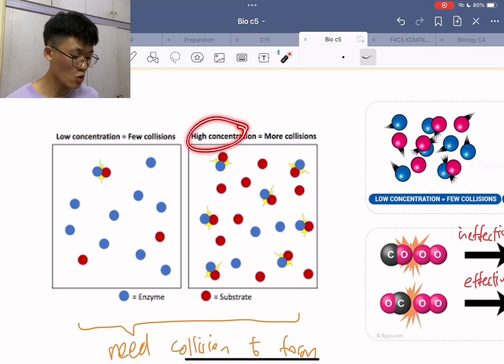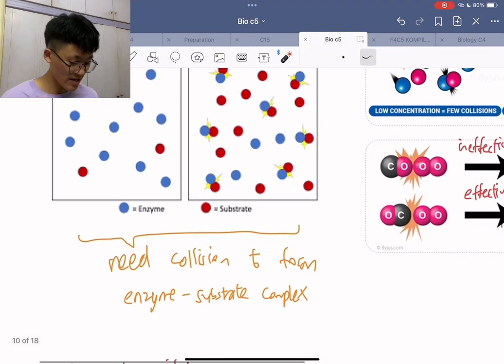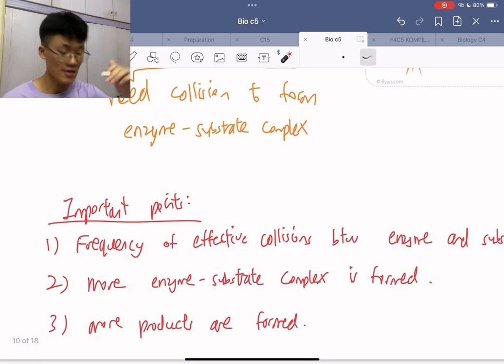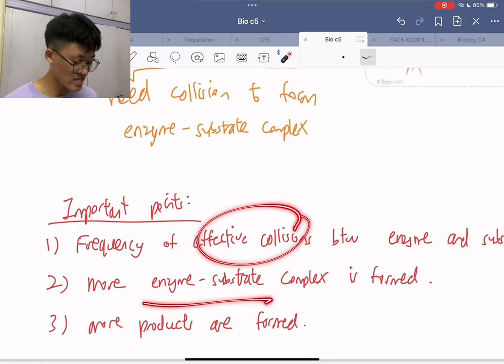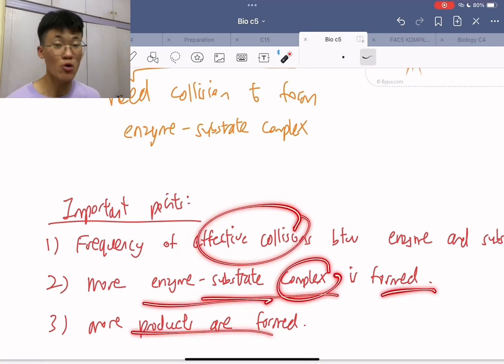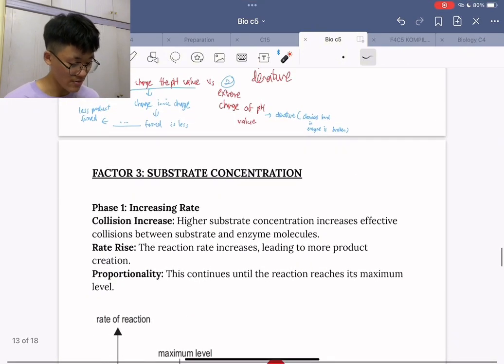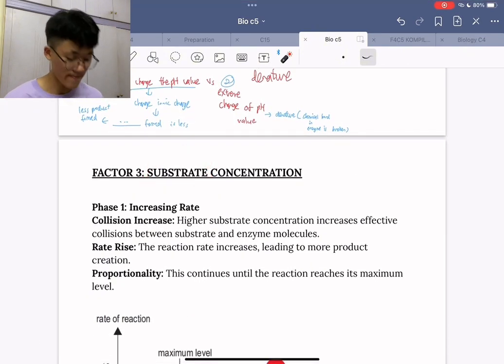But if you have high concentration, the chance of getting an effective collision is higher. When it is higher, more enzyme substrate complexes form, and more products are formed. So that is the third factor, substrate concentration.